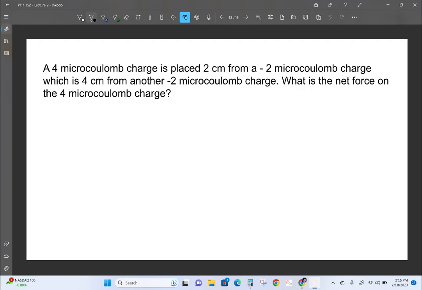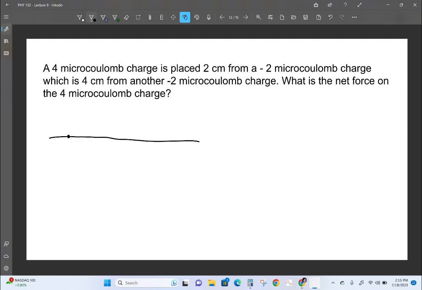Okay, so now, remember these are forces. So let's look at a little more. We've got a 4 microcoulomb charge and it's placed 2 centimeters from a negative 2 microcoulomb charge, which is 4 centimeters from another negative 2 microcoulomb.